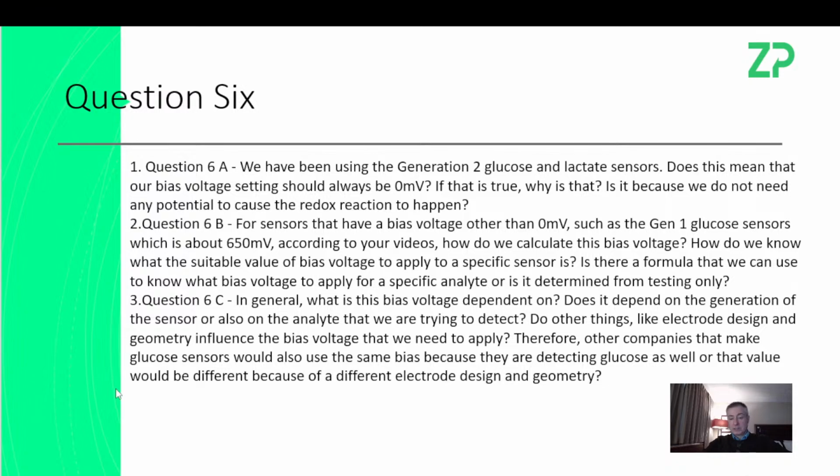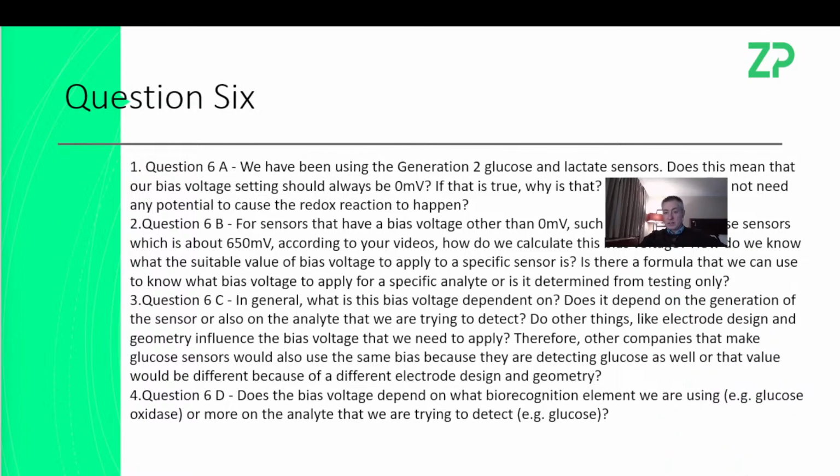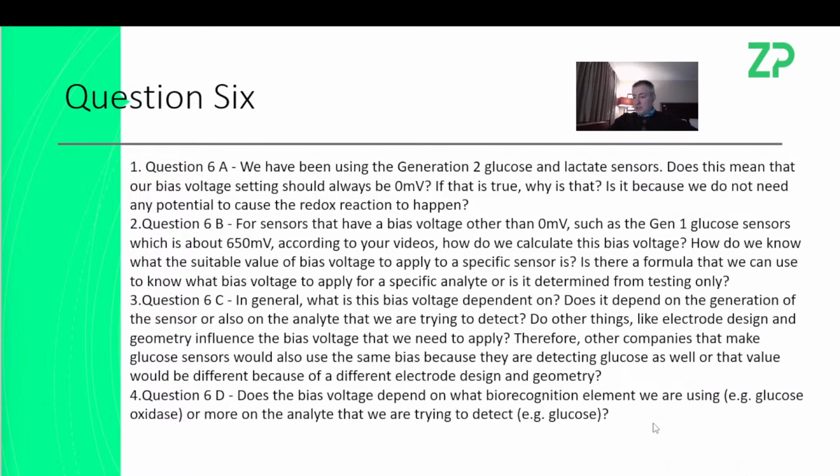So the answer is yes, it is quite complicated, but it's voltammetry that would allow you, again, to see where your oxidation or reduction peaks were, and then you would set your bias voltage where the voltammetry was indicating your electrochemical activity was. That is quite a conversation, and I'd probably spend about 45 minutes explaining that in one of our workshops.